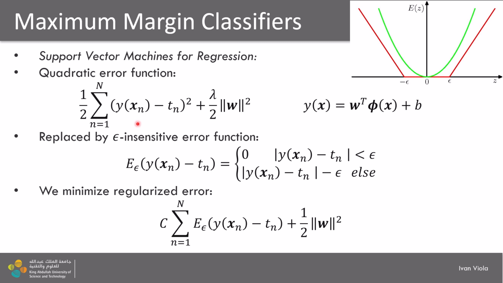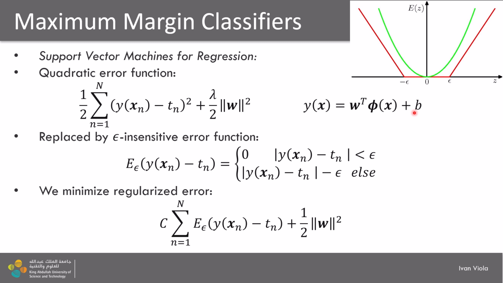We can see there is a square term of the error between the regression and the points, the training target values. And here we have the regularizer, where we want the weights to be as small as possible. And our y is calculated by the linear combination of inputs weighted by our weights plus the bias.